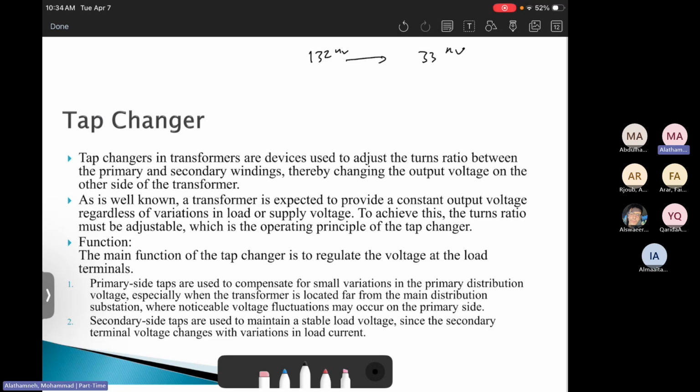So what's the point of adding a tap changer? We already have this. Sometimes under light load condition, there will be a low consumption of reactive power.